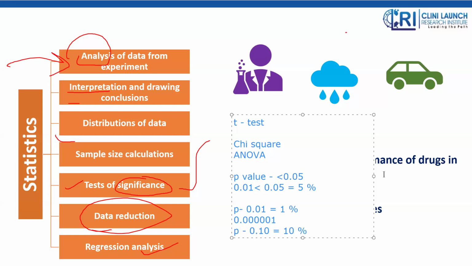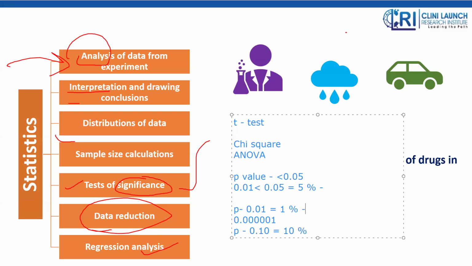Now, what is this 5%, 1% significance? There might be a 5% chance that my data is not showing a significant result, and 95% my data is showing a significant result. Are you understanding?